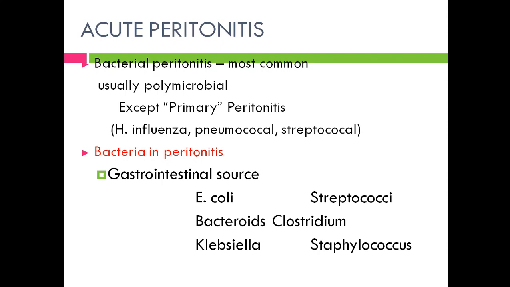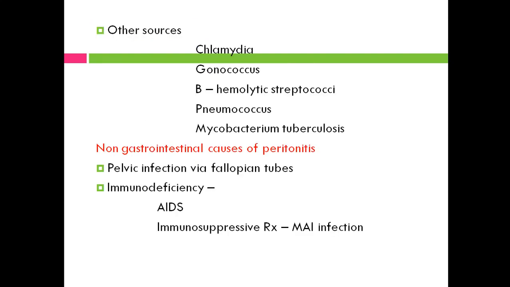Regarding bacteria in peritonitis, the major source is the GI tract. It could be E. coli, streptococci, bacteroides, clostridium, klebsiella, or even staphylococcus. Other sources may be chlamydia, gonococcus, beta hemolytic streptococci, pneumococcus, or even Mycobacterium tuberculosis.